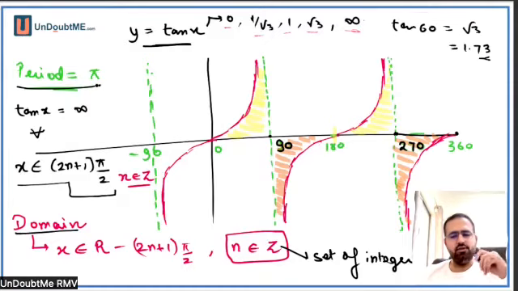Look at the y values. Will it be 1 to minus 1? I can't see 1 or minus 1 anything on the y-axis. So just real numbers. Okay.